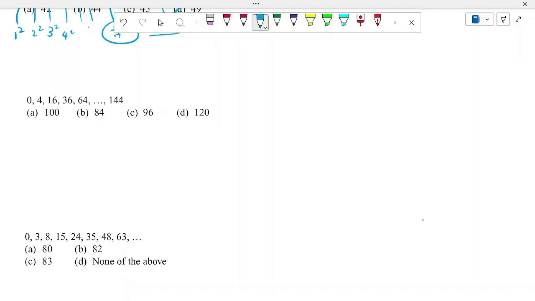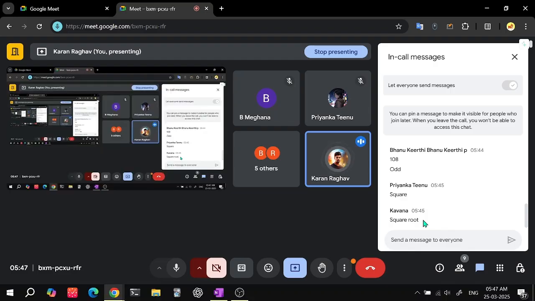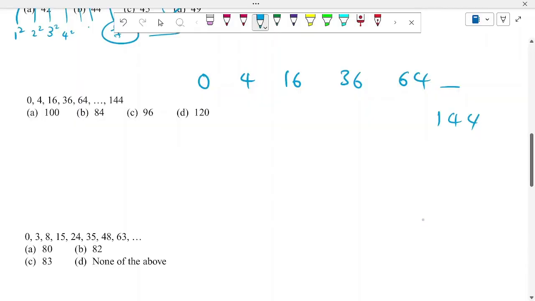I have got 0, 4, 16, 36, 64, dash and 144. Just for a hint, recently we have seen it is related to that only. Recently we have seen a question, right? Same, but there is a slight difference. Can you identify what is this series?